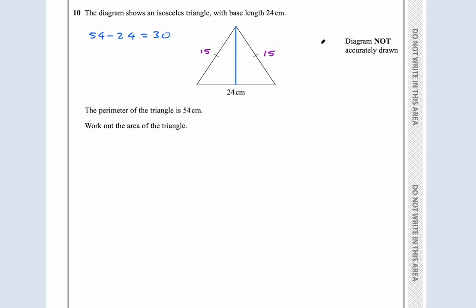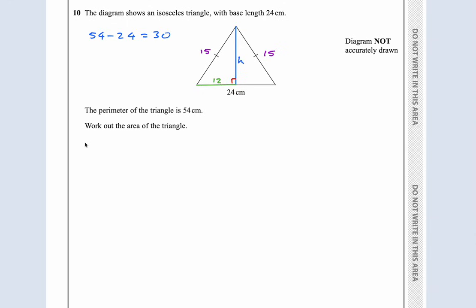Okay, now I'm just going to look at this triangle here. It's a right angle triangle. So I'm thinking Pythagoras' theorem. That green length is 12 because it's half of this 24. So I can use that 12 and that 15 to get me the height, which we'll call h.